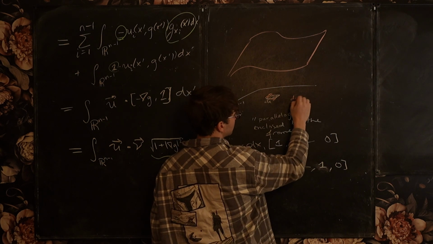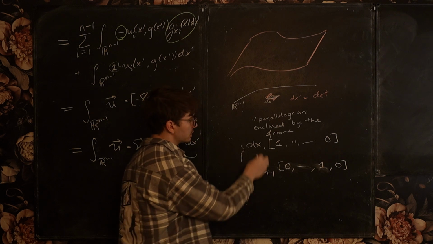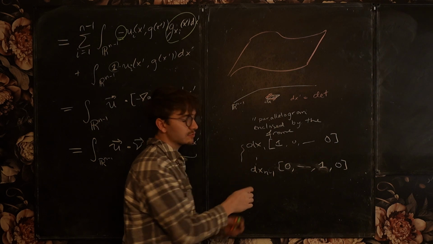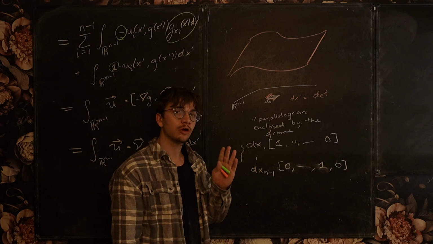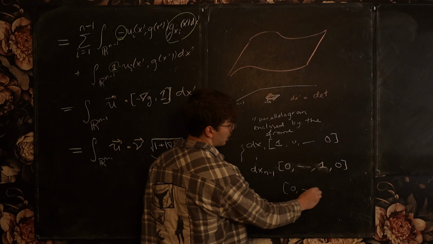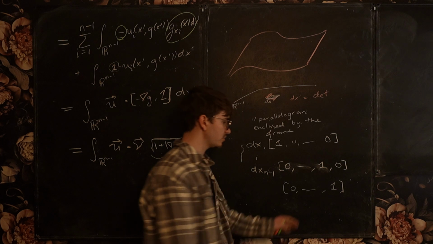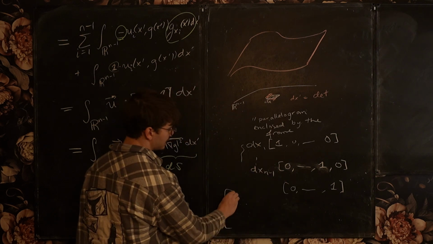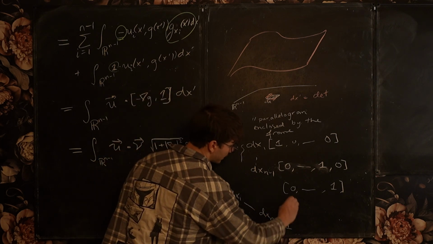Notice that dx prime is the determinant of the matrix formed by these n minus 1 vectors that form the frame, and then the unit normal vector, which is orthogonal to the frame, given by this expression. So this is just the normal vector. When I look at this matrix, I have dx1 all the way down to dxn minus 1, and then a 1 here.